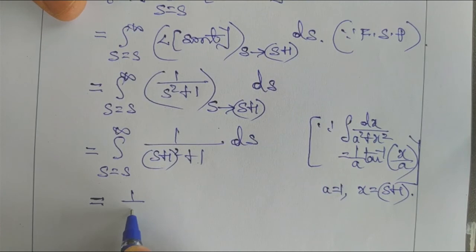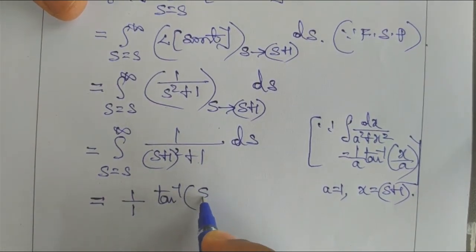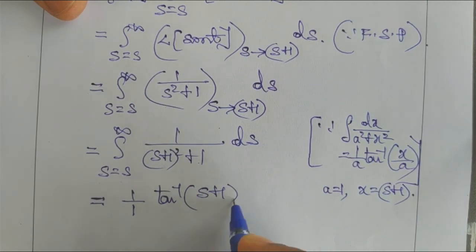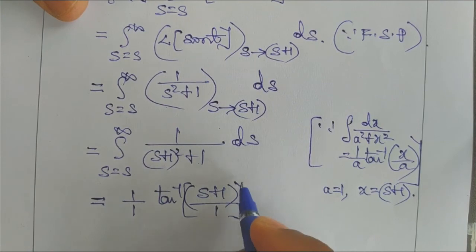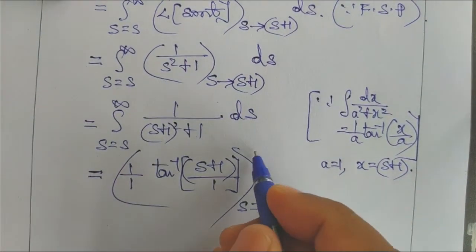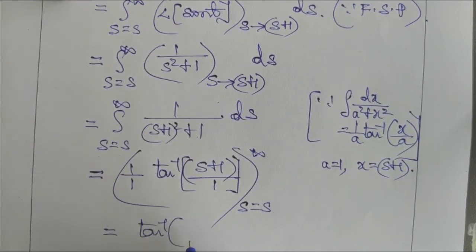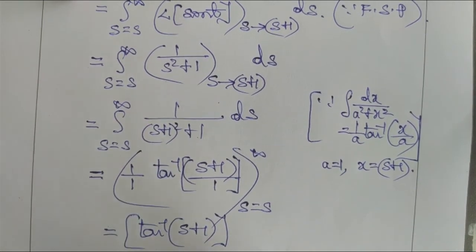So substituting in that, tan inverse of s plus 1 divided by 1, with limits s to infinity. Now tan inverse of s plus 1, from s to infinity.